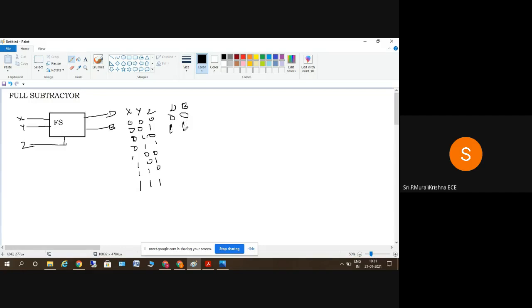So 0 minus 1, obviously, look here once. Already in the case of the half subtractor, what we got is difference 1 and borrow 1.